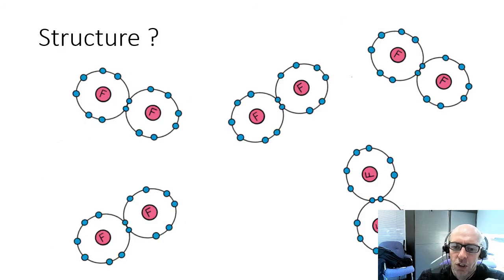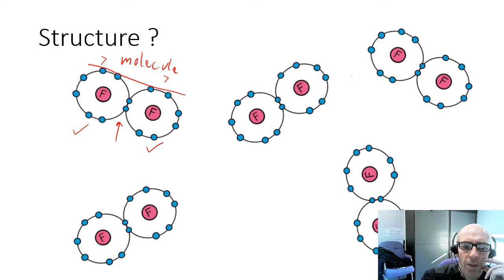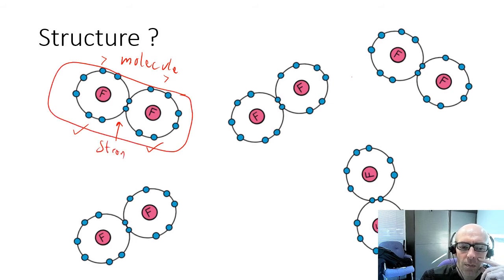And then the structure, what's the structure like? And we said inside the molecule, so these are molecular, these F's go round as 2s because they've got 7 each, but now they've got 8 because they're sharing 1 each. This fluorine molecule has a strong bond inside it, the covalent bond, but then there's only weak attractions.